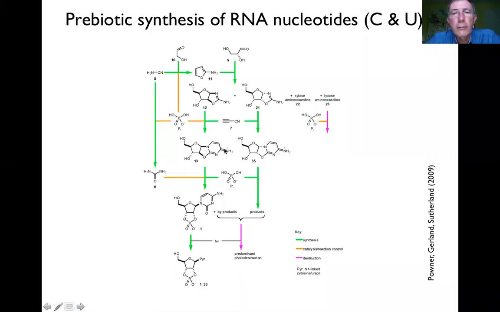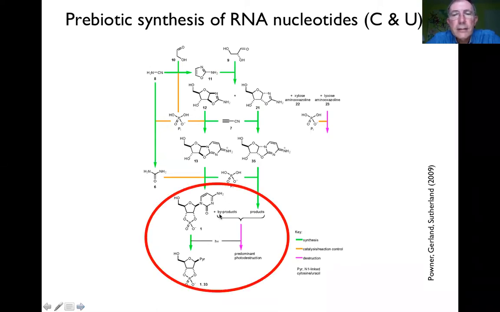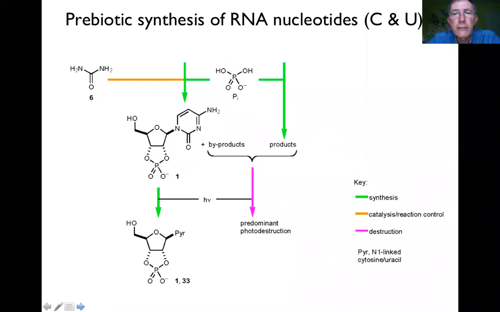And if you remember these last steps of the synthesis of the nucleotides, I told you that the UVC light cleans up. This is what I mean. If you look at this lower part here, it says byproducts and other products. Let me magnify it here.